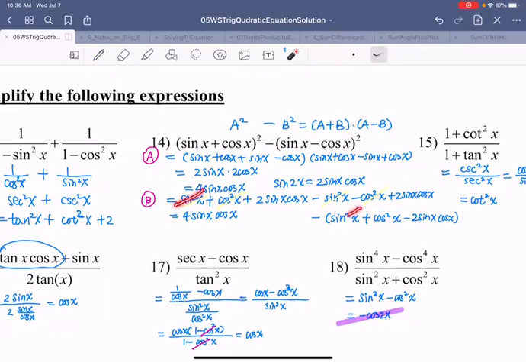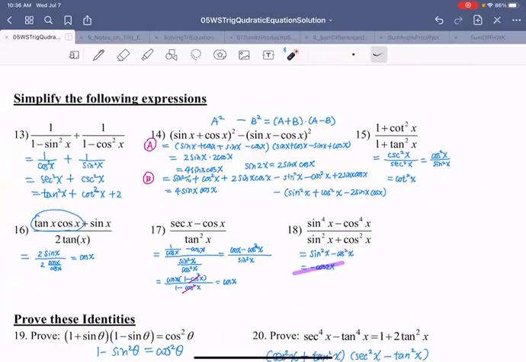Sine square x cancels, cosine square x cancels. This guy minus negative 2 times sine x cosine x equals 4 times sine x cosine x. After we learn the double angle formula, you make the result 2 times sine 2x.